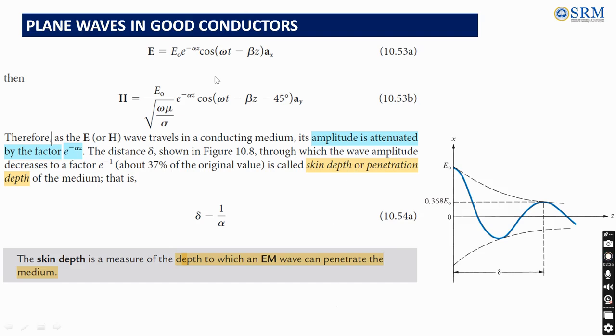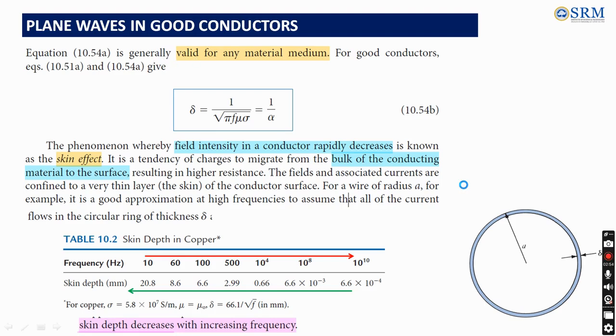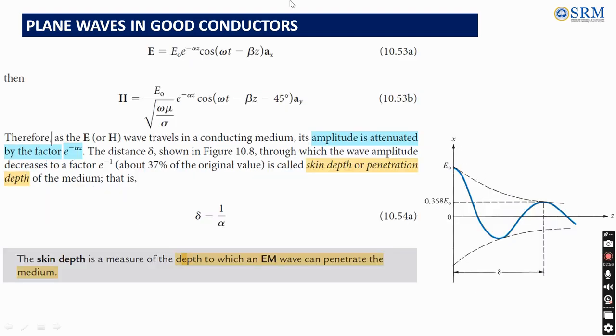So we can finally write the expressions for the electric field and magnetic field. For the electric field, it is E naught e power minus alpha z cos of omega t minus beta z into ax unit vector, because the electric field has a component along the x direction, but the wave is traveling in the positive z direction.